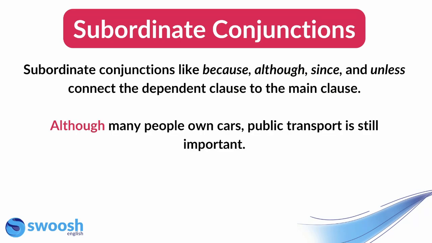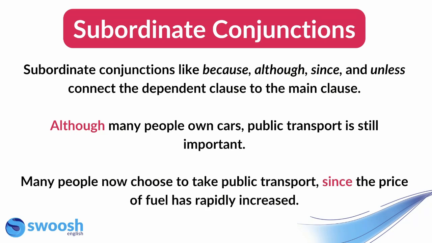For example, although many people own cars, public transport is still important. So you can see in this sentence we've got two clauses separated by a comma, and the ideas are connected by that use of the conjunction although. Another example, many people now choose to take public transport since the price of fuel has rapidly increased.